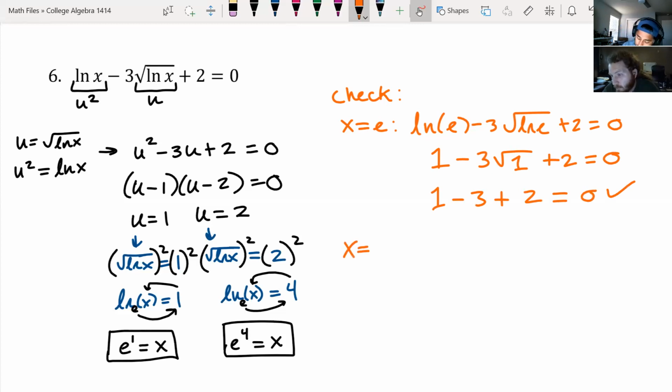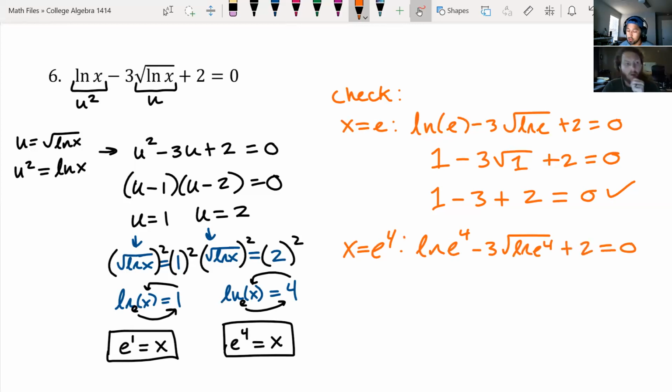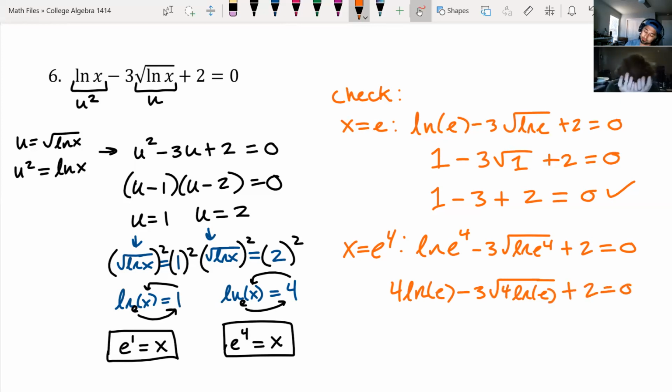All right. What about e to the 4th? Natural log of e to the 4th minus 3 times the square root of the natural log of e to the 4th plus 2 equal to 0. Well, we can use the power rule on this, and I'll get 4 natural log e minus 3 square root of 4 natural log e plus 2 equal to 0.